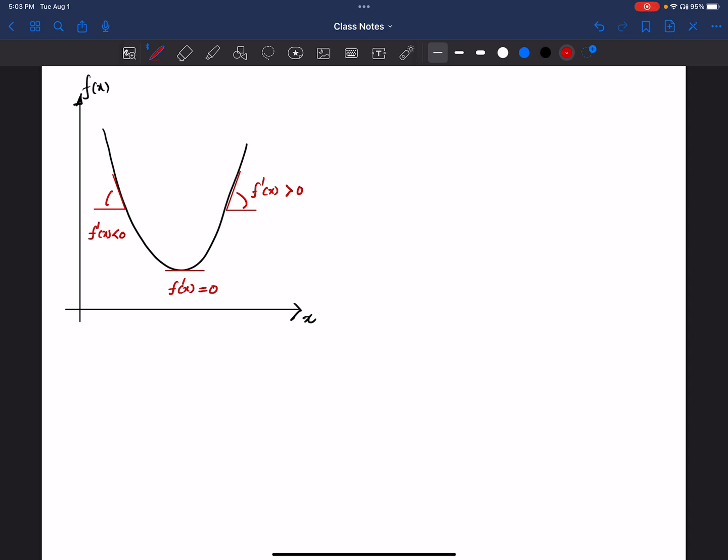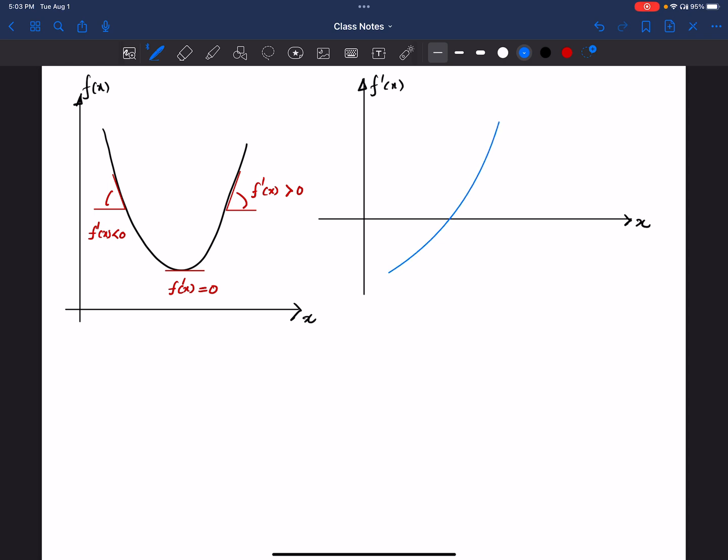With that, we can see how the sign of f prime of x changes. If I draw f prime of x against x, first it was negative, and it gradually becomes 0 and then goes to positive.